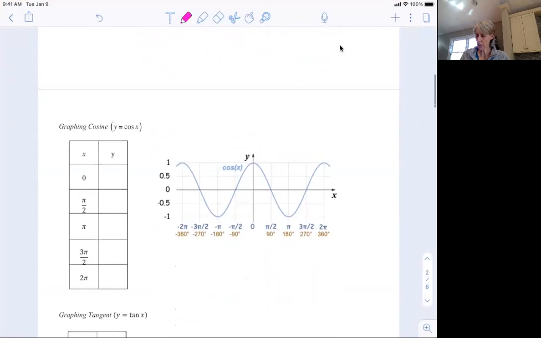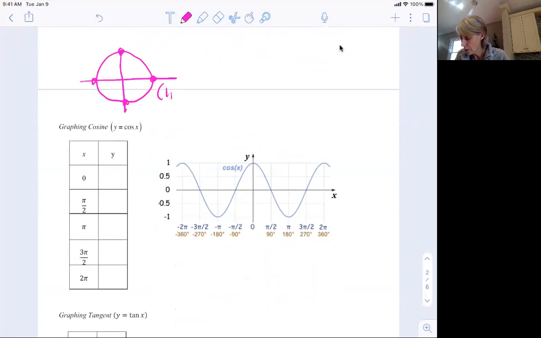The cosine curve, again, we think of that unit circle. But this time, 1, 0, 0, 1, -1, 0, 0, -1. We're going to use the x value to help us draw the curve.